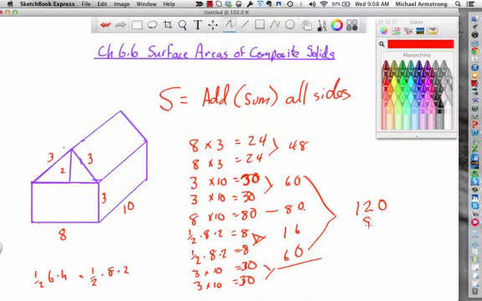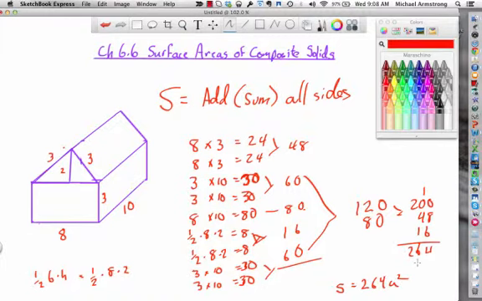That 80 makes 200. That's 200, and then we still have a 48 and a 16 to add, and 8 plus 6 is 14, 264. So the surface area is 264 units squared.